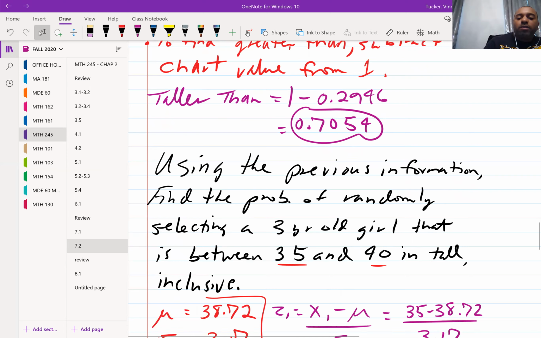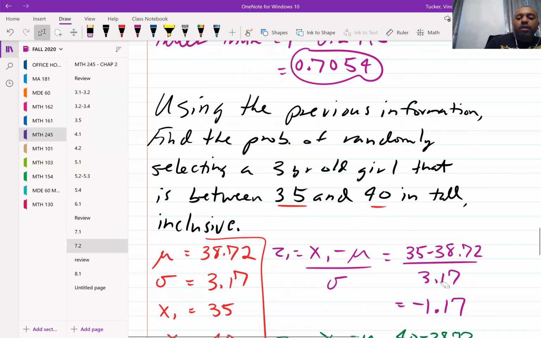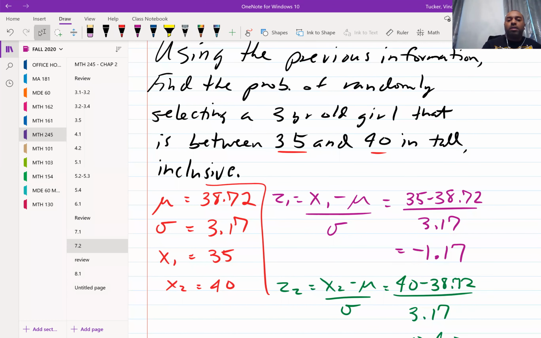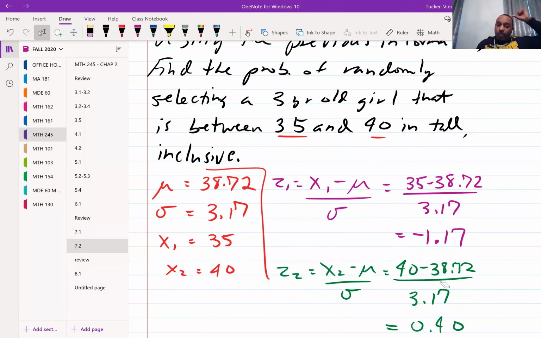Our third scenario is between, and we have 2 values that we need to find Z-scores on. Standard deviation and mean are the same. Our first data value is 35, second data value is 40.